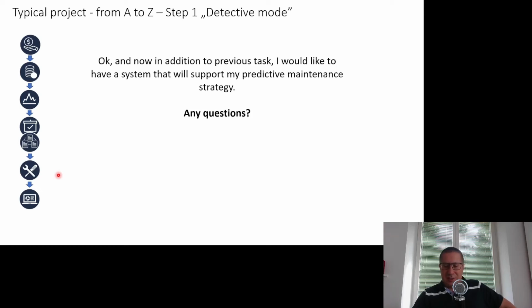I'm doing the service actions every half a year, and it costs me a lot, and I would like to optimize it a bit. Maybe I have some problems with the devices on the plant.